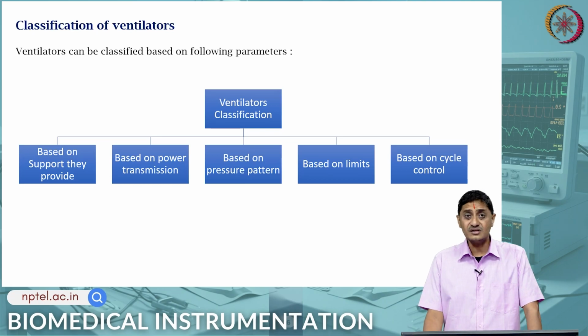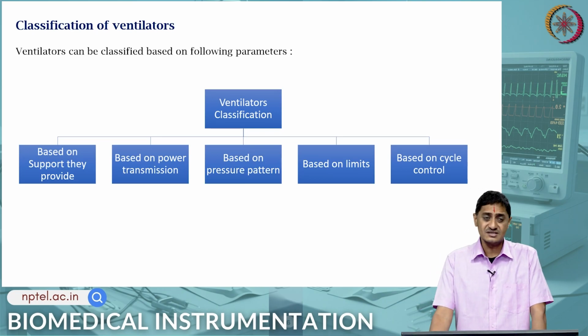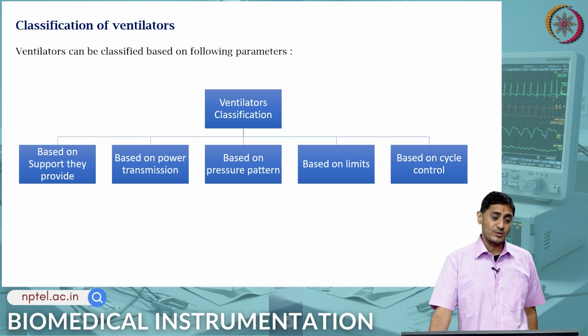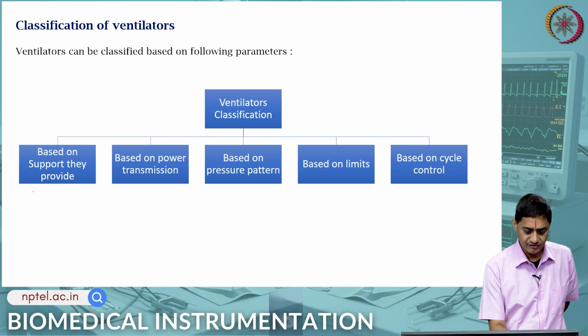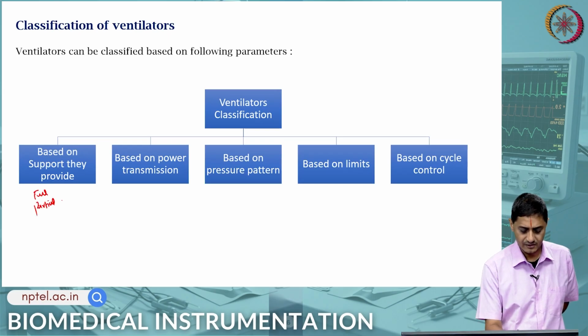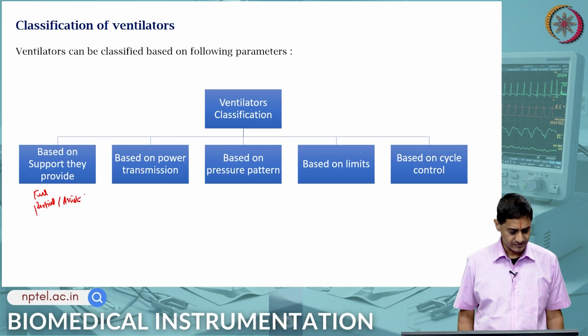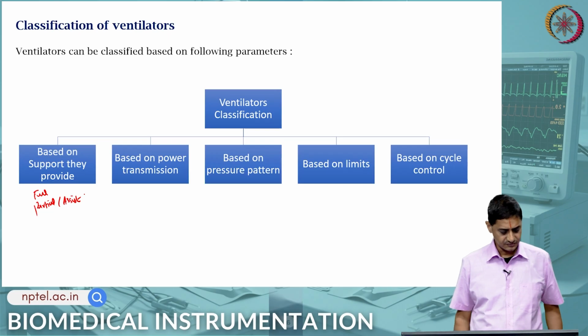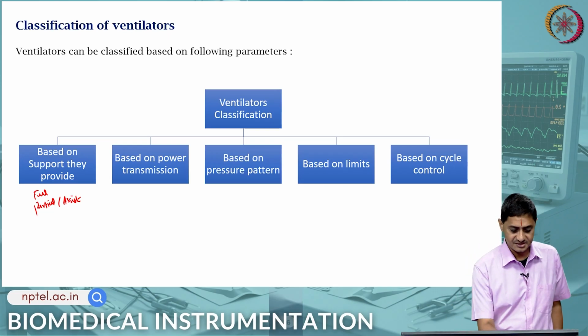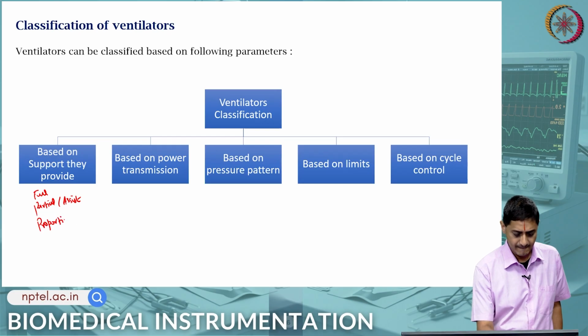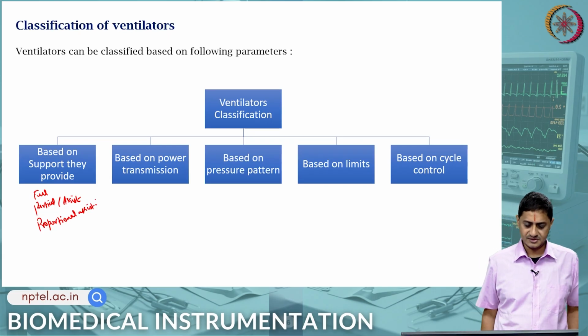The other way to classify ventilators is based on the support they provide. Are they full support, partial, or assist, for example, or some form of proportional assist.